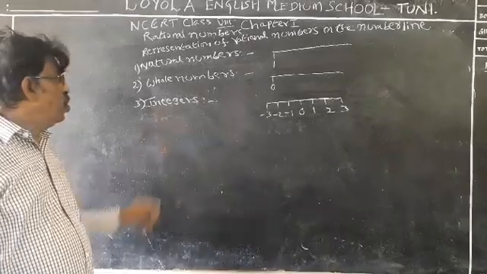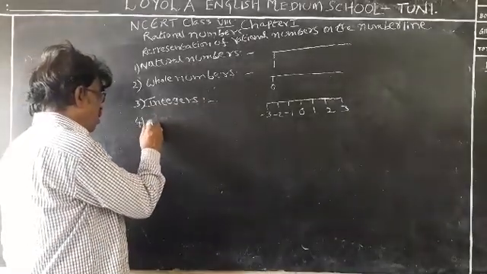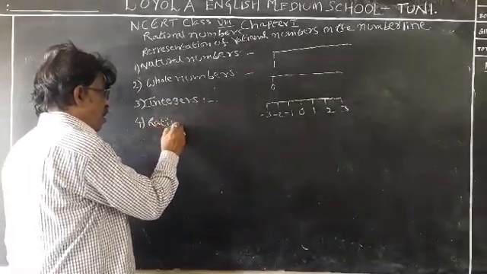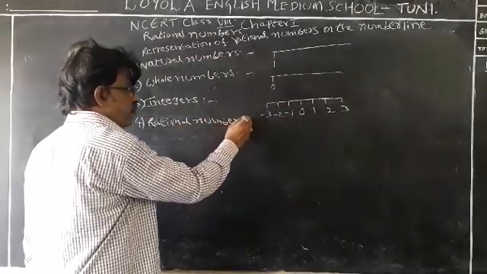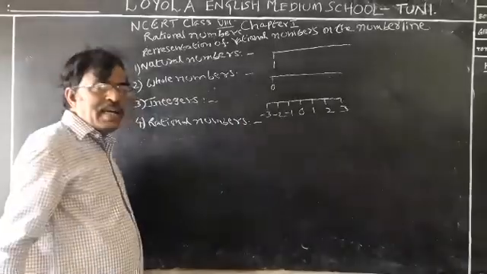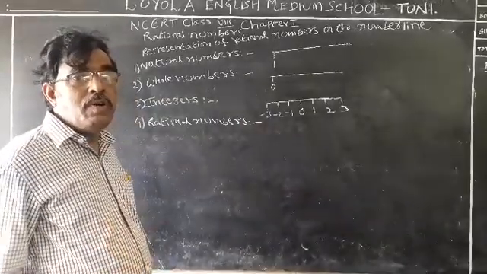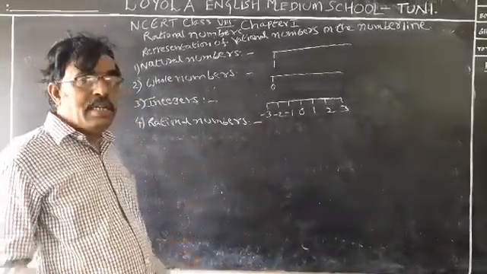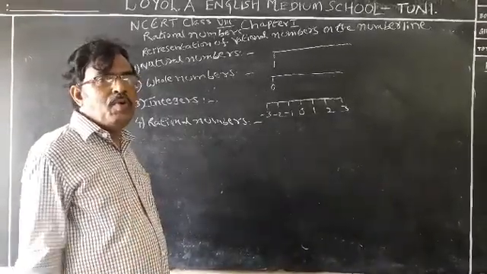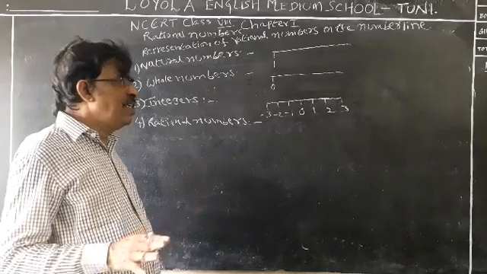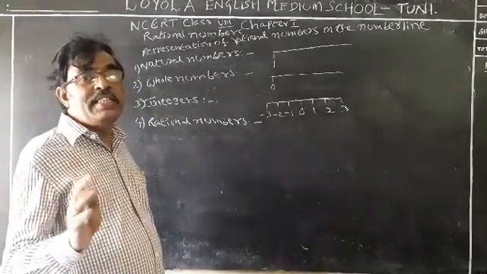When it comes to rational numbers, what is meant by a rational number? Already I told you. Rational numbers are numbers which can be written in the form p by q, where q is not equal to 0, and p and q are integers.